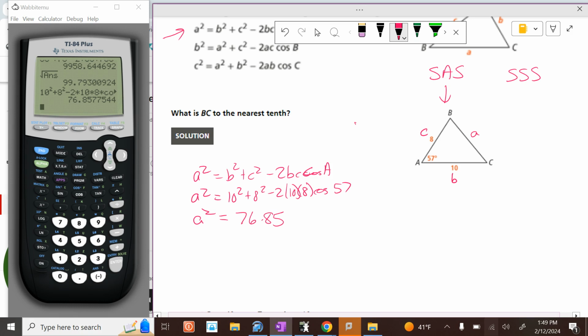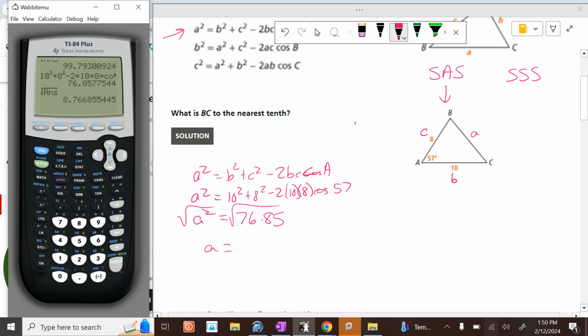Would this side be 76.85 if this side is 8 and this side is 10? No, it wouldn't make any sense. It wouldn't make a triangle. That's too long. Because this is what A squared is equal to. How do I find A? Square root each side. So on my calculator, I'll go second square root, second answer. And I get 8.8.